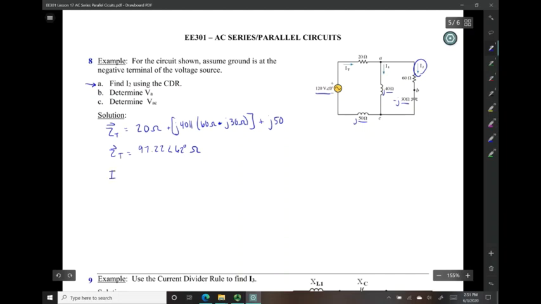So now IT is found just using Ohm's law. My source divided by Z total is equal to 120 over that Z total value that we just computed.